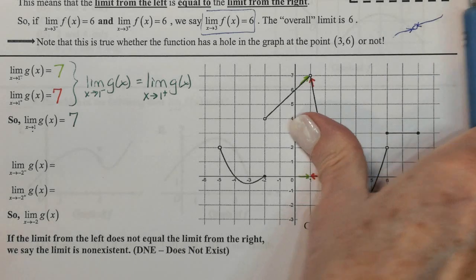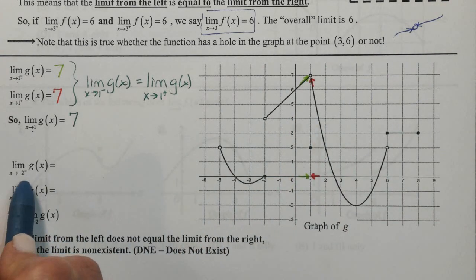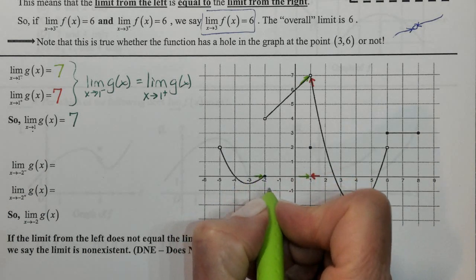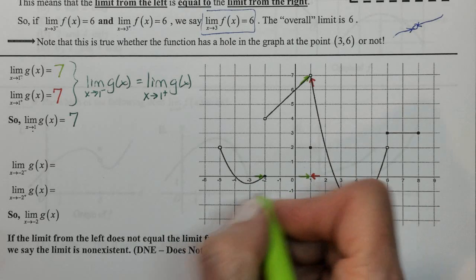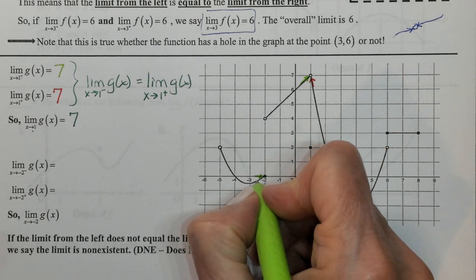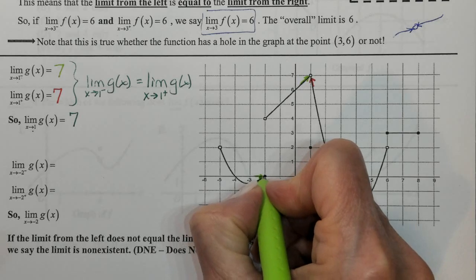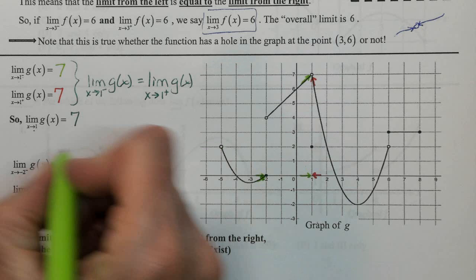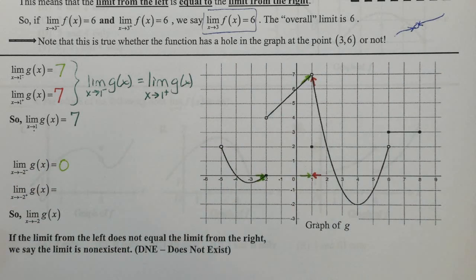Alrighty, let's do another one. Let's approach -2 from the left. Well, here we are, x is approaching -2 from the left. What is the y-coordinate approaching? Well, the y-coordinate is approaching 0, right? That limit is 0.